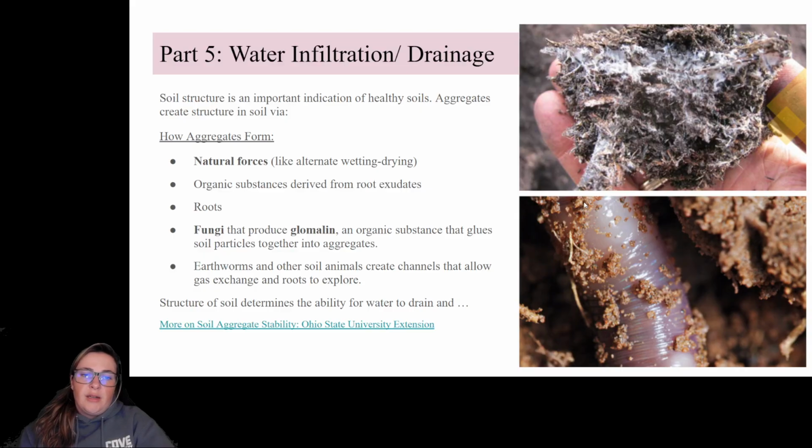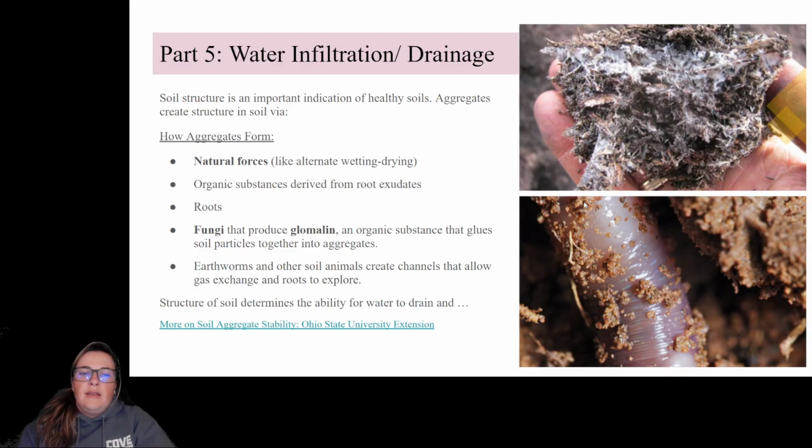Earthworms and other soil animals help create channels that allow gas exchange and roots to explore. So moles, worms, and other things like that will make it easier for roots to navigate through soil because it's not so compacted.